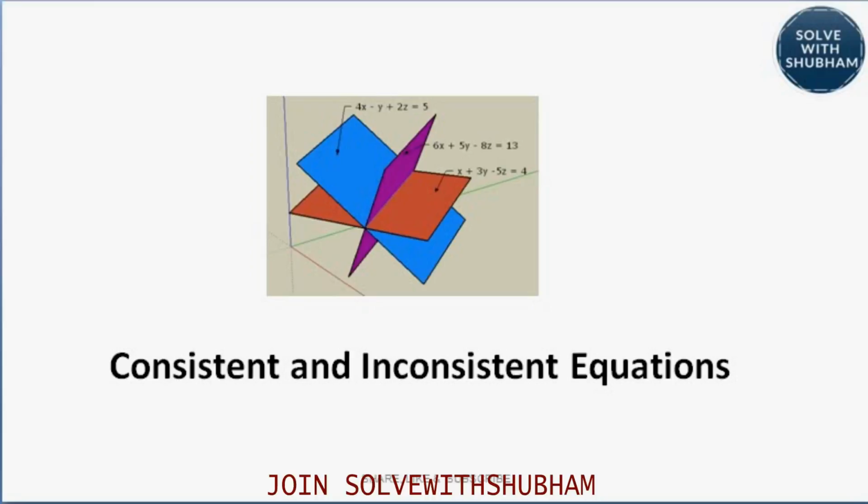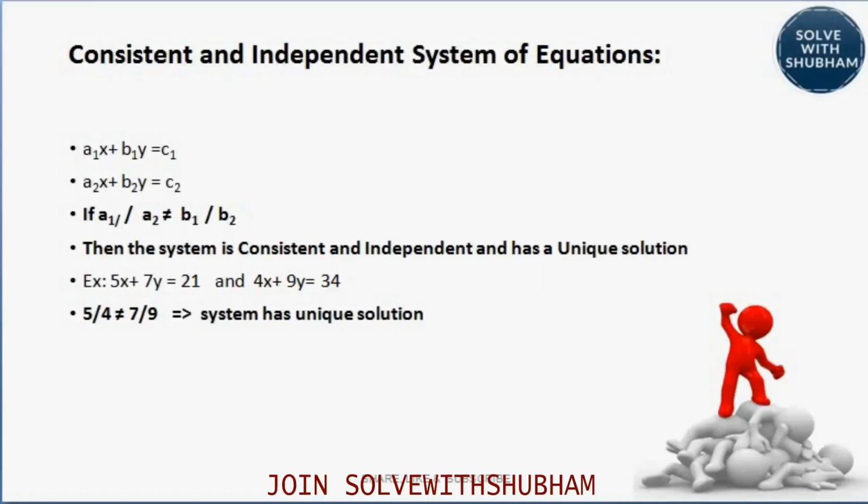So we will understand what are consistent equations and what are inconsistent equations. Consistent and independent system of equations. Assume we have been given two equations, a1x plus b1y is equal to c1, a2x plus b2y is equal to c2. Now if we want a unique solution, for that a1 by a2 should not be equal to b1 by b2.